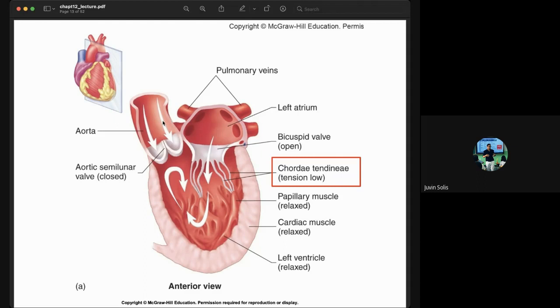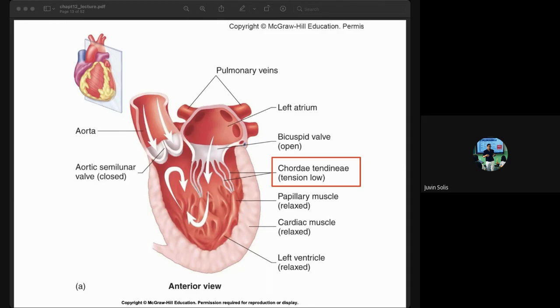Okay? So blood here, papasok siya dito sa may ventricles, but prevent it from flowing back to the atria. So dapat walang regurgitation na nangyayari dyan. Dapat hindi magba-block flow yung dugo.